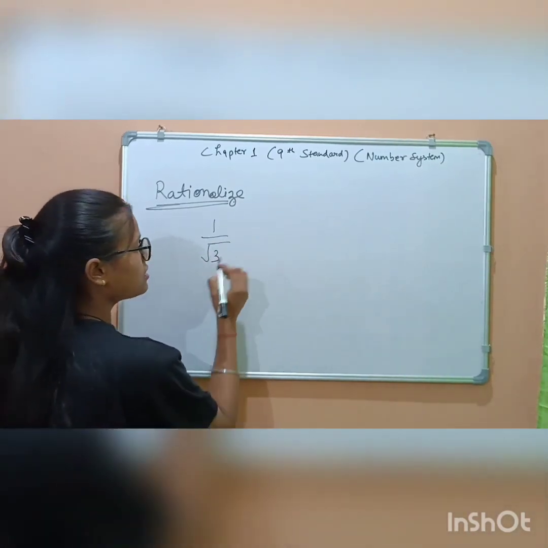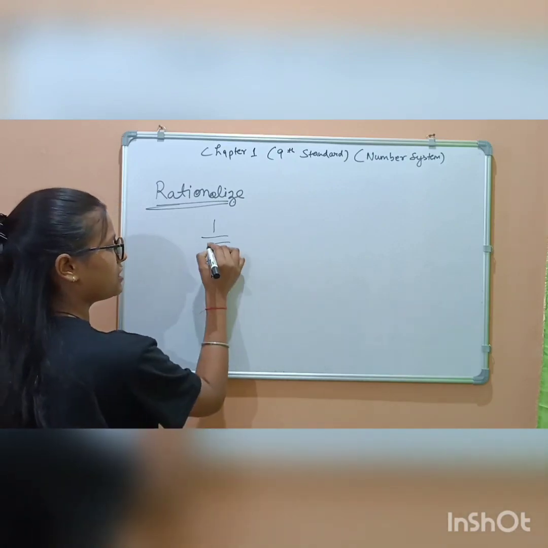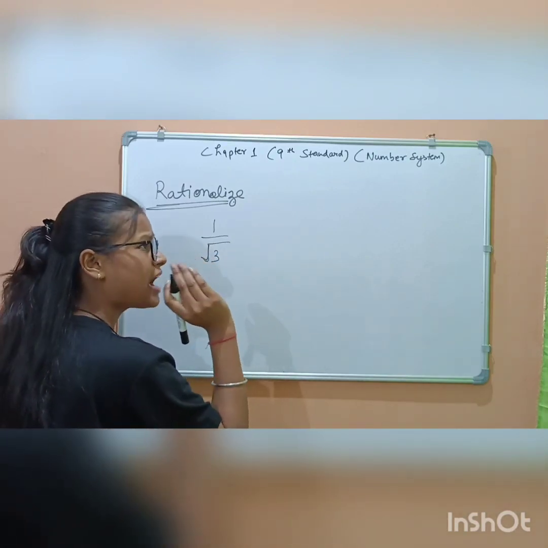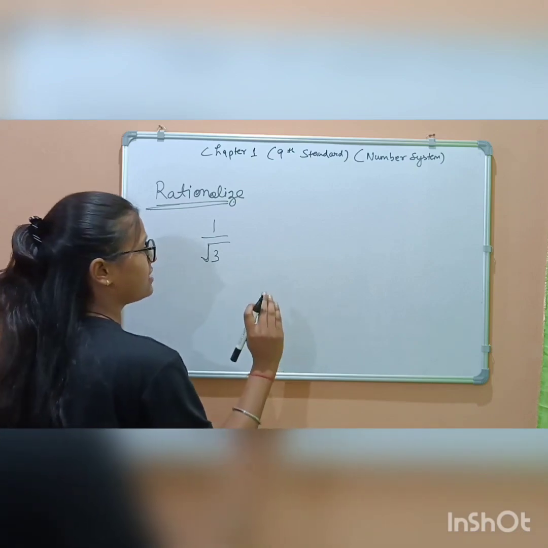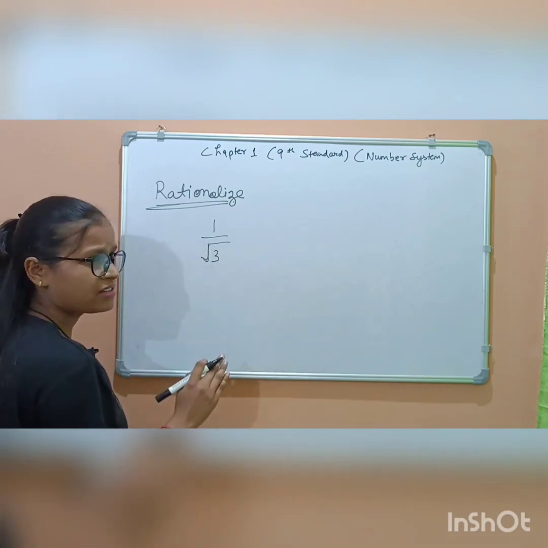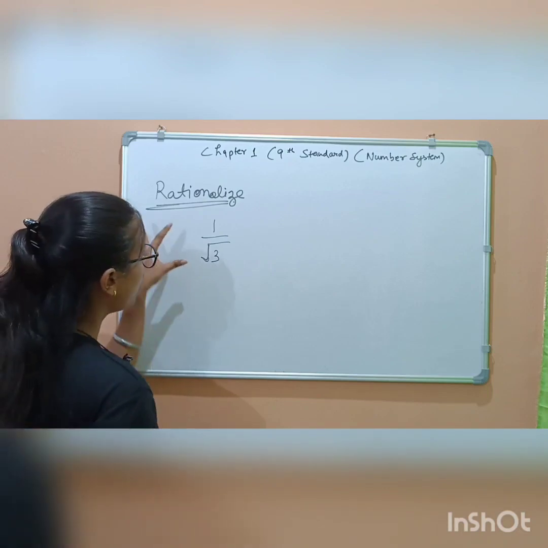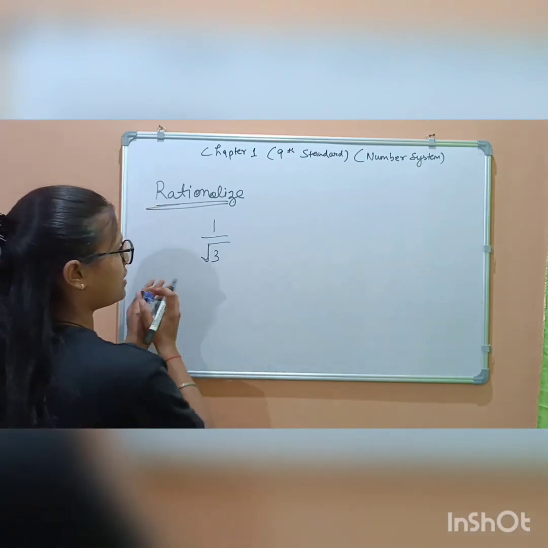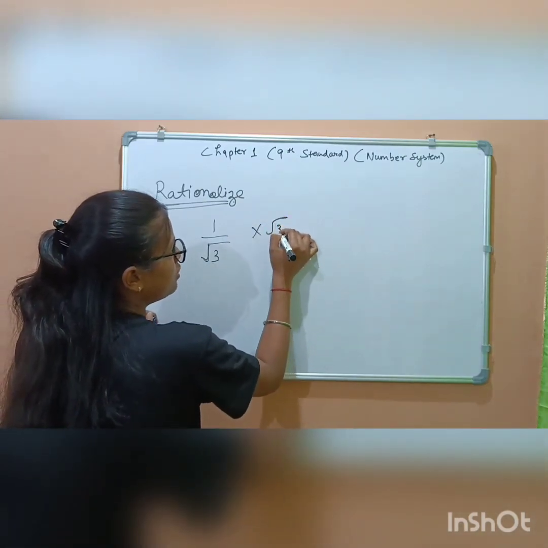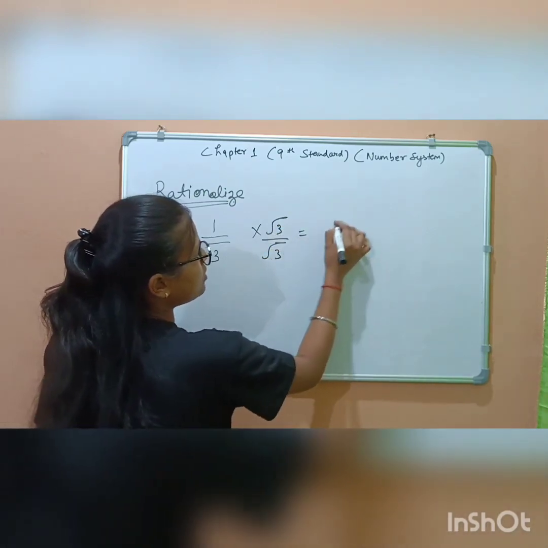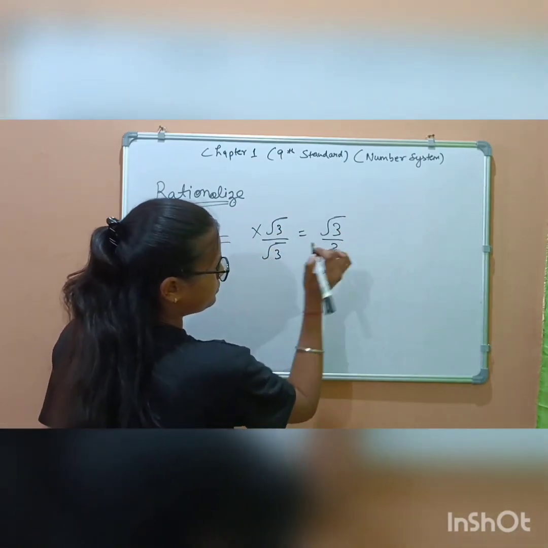How do you rationalize it? Just look at the denominator part, that is root 3. You don't have to do anything else. Just apply a simple fact. Whatever is written in the denominator, multiply the whole term by it: 1 into root 3 divided by root 3. This comes out to be root 3 by 3.